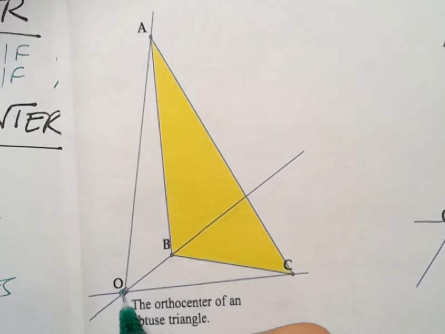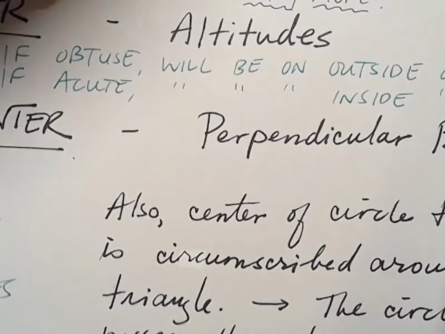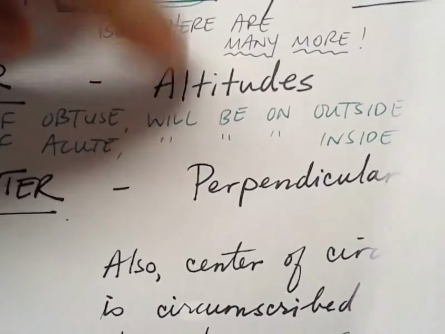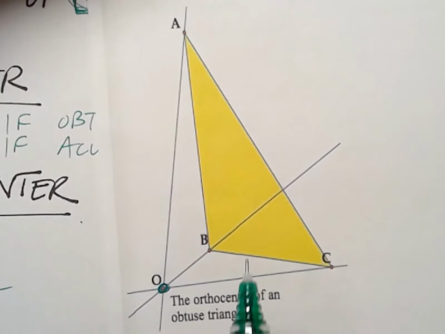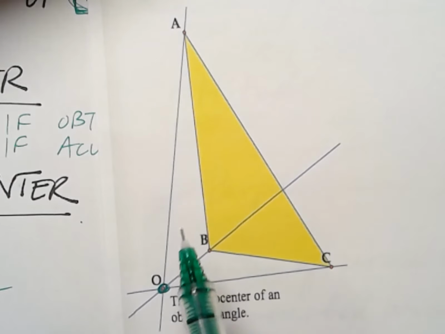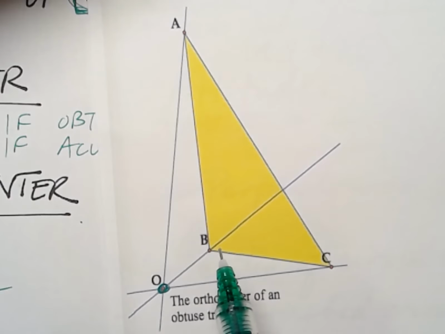So here's the orthocenter out here. Again, the orthocenter is from the altitudes, right? So if we draw an altitude from this side, it goes through the triangle, but notice that the altitudes from the other 2 sides are running outside of the triangle themselves, because the triangle is obtuse.